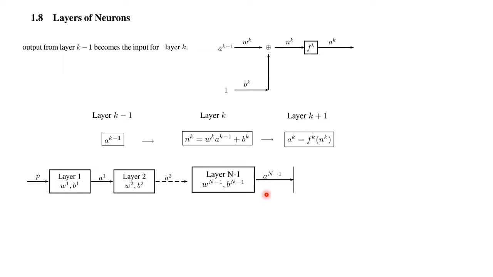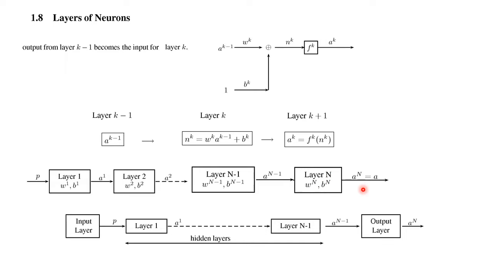Out of layer N minus 1, there's activation A^(N-1), and that's into layer N. So that is a schematic representation of a whole neural network with N layers. So there's an input layer, goes from layer 1 to layer N minus 1, and there's an output layer. And these layers in between are called hidden layers.